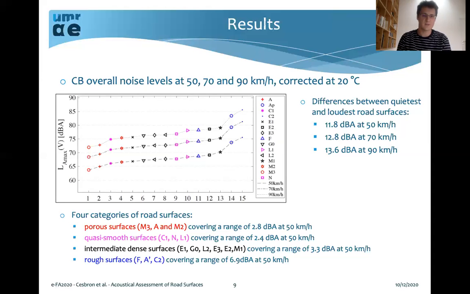Quasi-smooth road surfaces in magenta color, which are C1, N, and L1 surfaces, covering a range of 2.4 dBA at 50 kph. Then we have intermediate dense surfaces, in black, covering a range of 3.3 dBA at 50 kph, and we have rough surfaces FA'(C2) covering a range of about 7 dB at 50 kph.